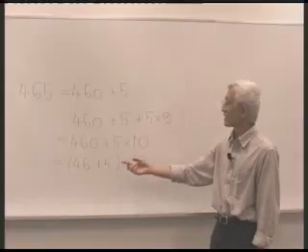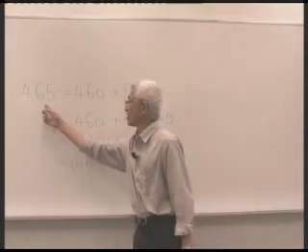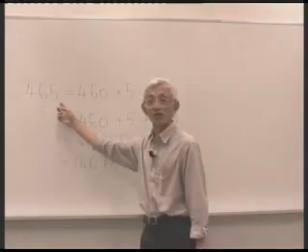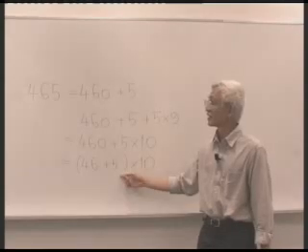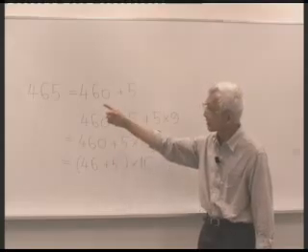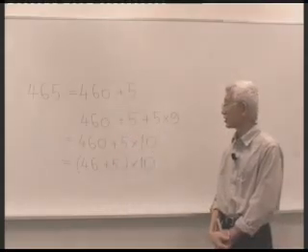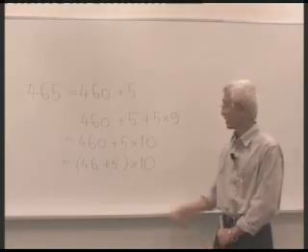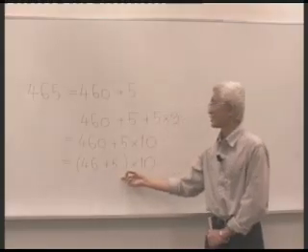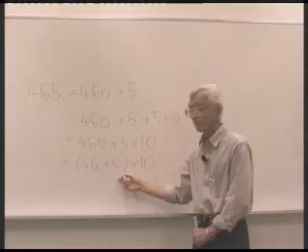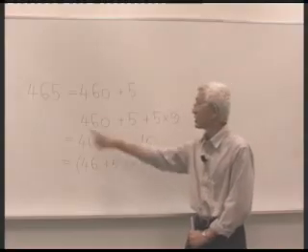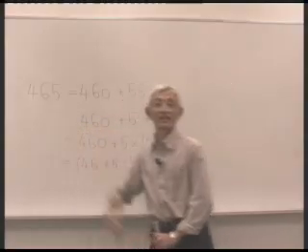So to check whether 465 is divisible by 3 or not, all we need to do is to check the sum of this. What is the sum? The sum is the unit digit added to the rest.